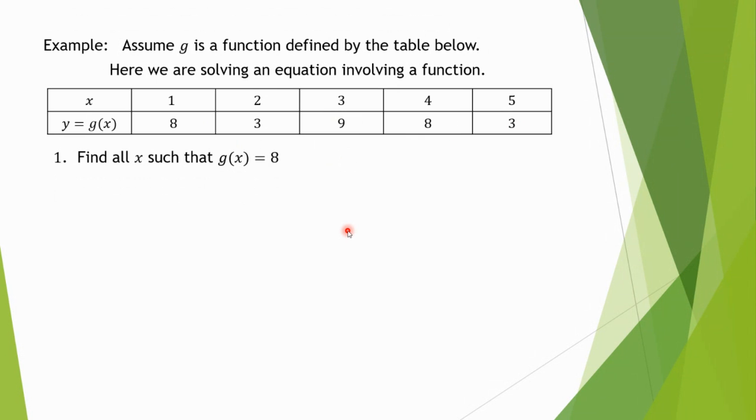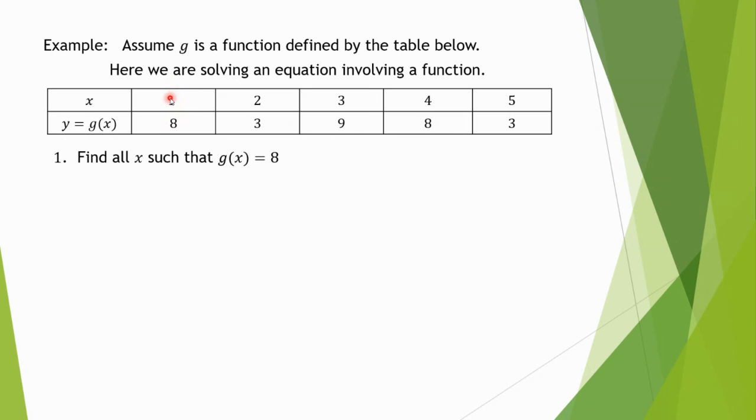So if we want all x so that g of x is 8. Well, looking at the table, these are all y values, right? So we want to know what x values give us 8. Well, we can see that 1 is an example.